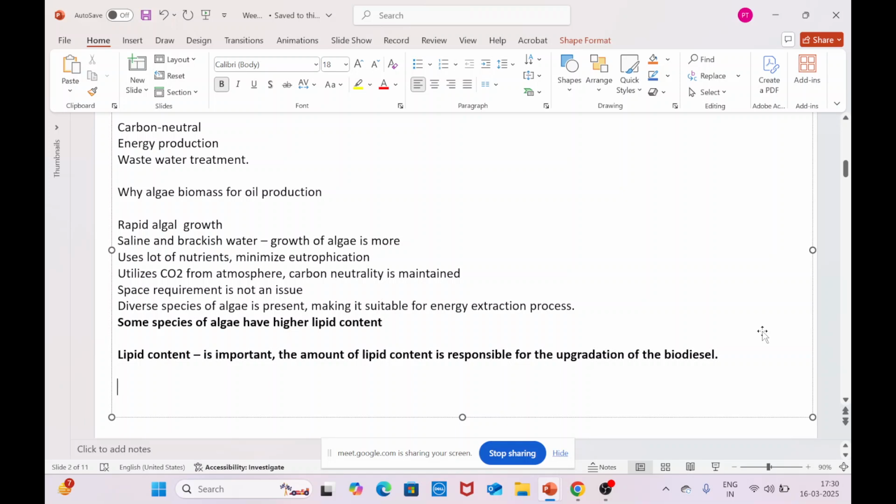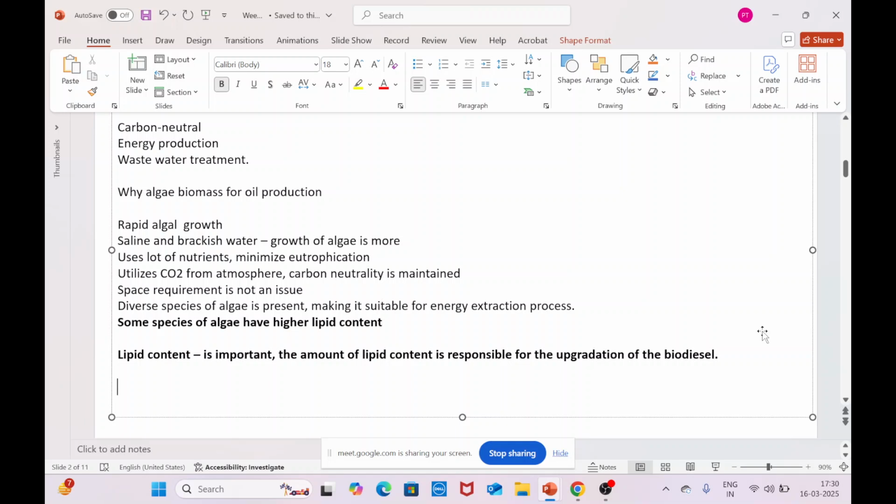Now the next question that comes to our mind is: you're saying algae takes CO2 as well as water and sunlight, and then generates multiple other substances. Among them lipid is one. But how does the algae actually produce these lipids?